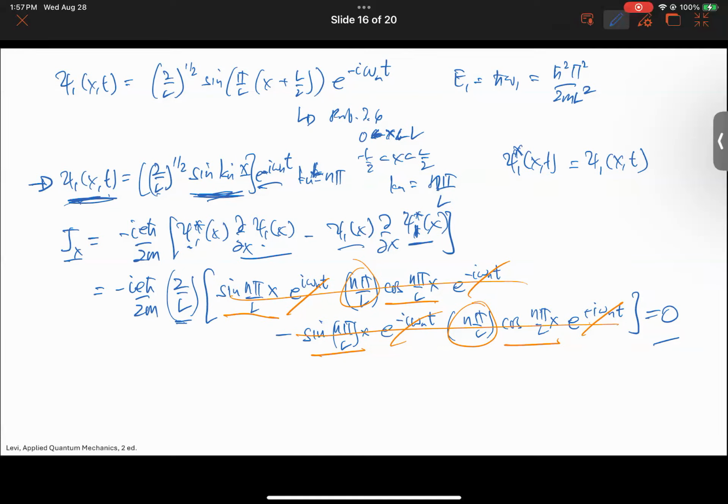So we are talking about a superposition of waves. We use psi of x t equal to 1 over square root of 2 times psi 1 of x t plus psi 2 of x t. This is a superposition of the ground state and the first excited state.